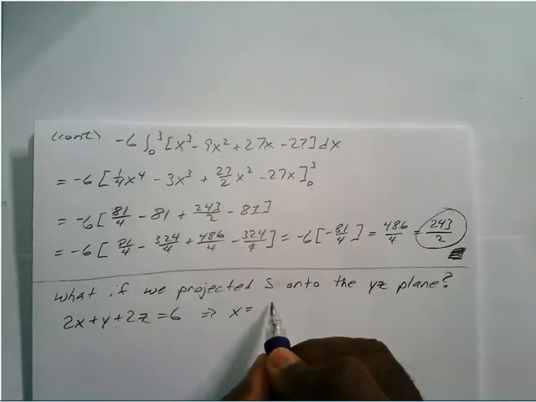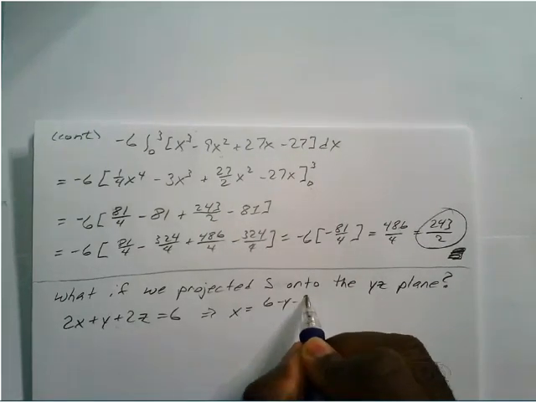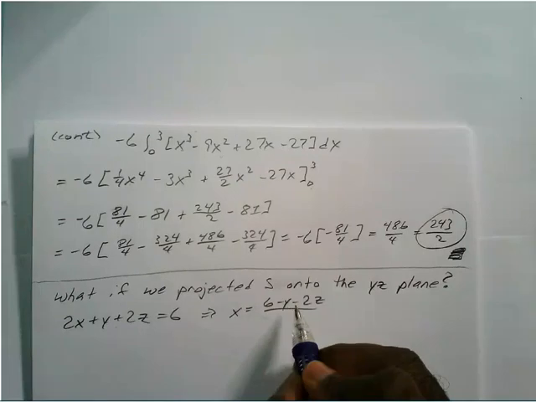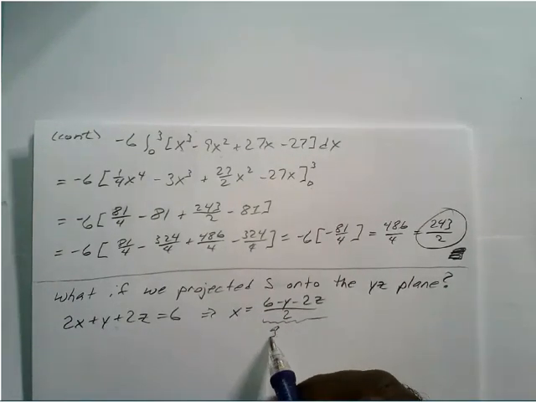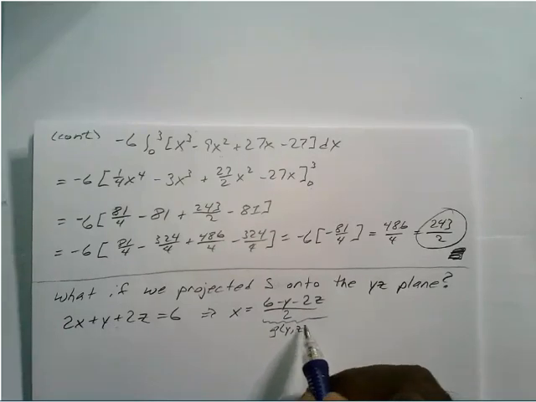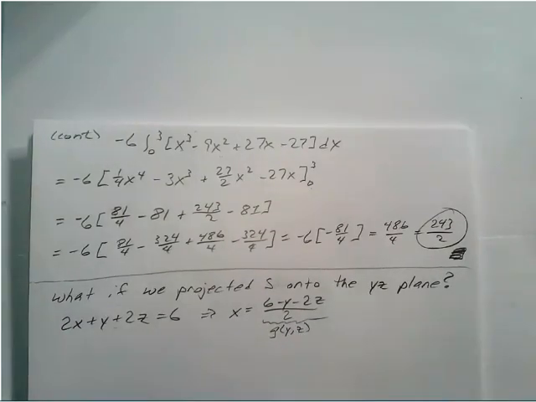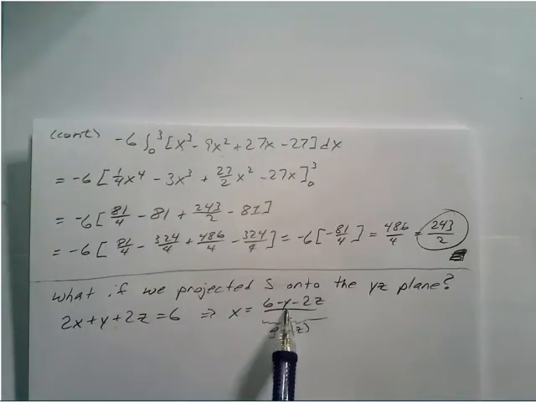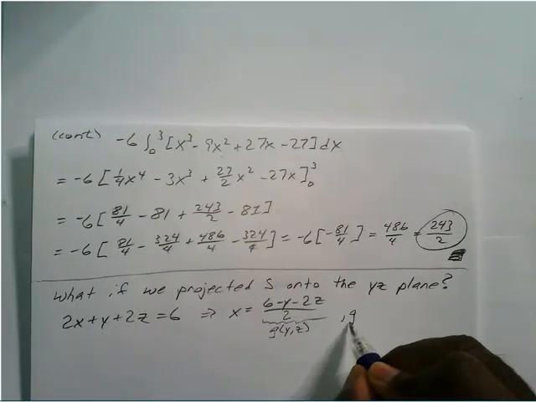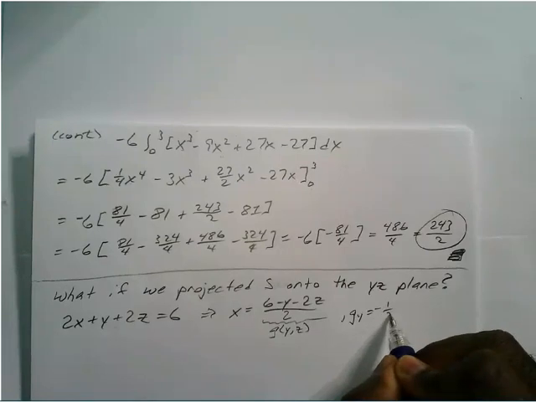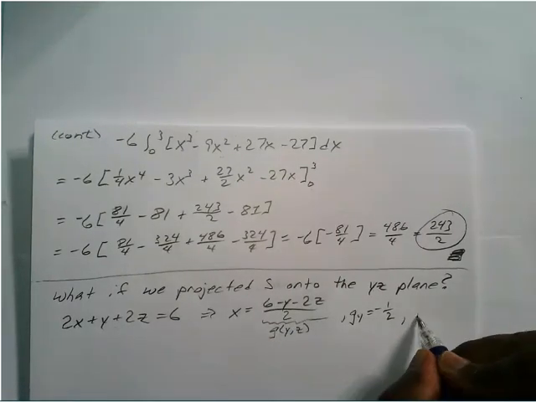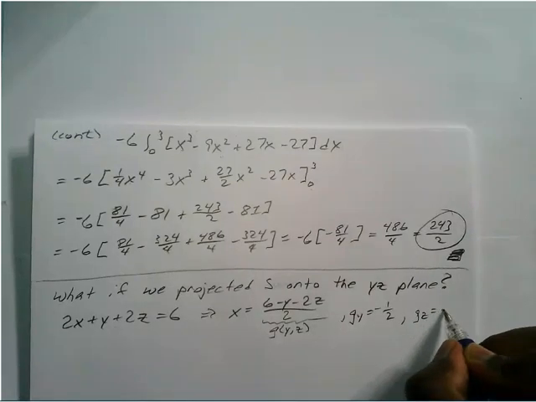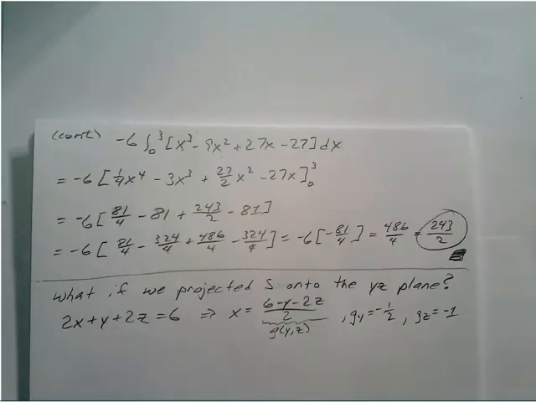So x is equal to (6 minus y minus 2z) over 2, which means this is our g of y, z. Now find the partial of this with respect to y, which is negative 1/2. And the partial of this with respect to z is equal to negative 1.